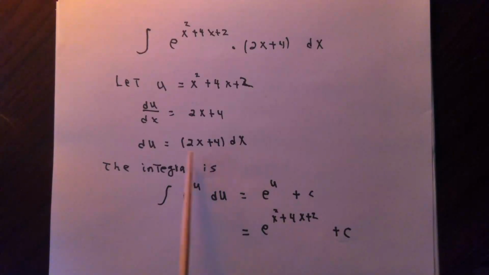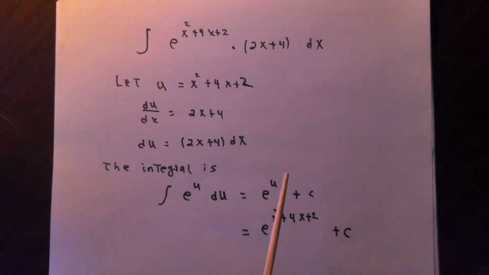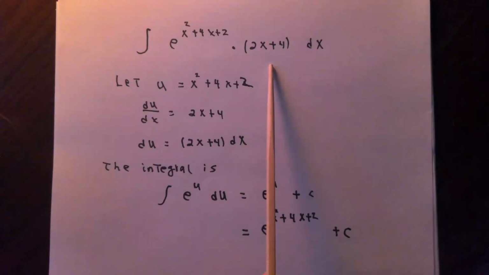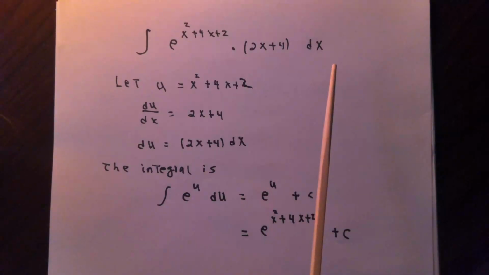Notice that those parentheses really are necessary if you want to think of this as kind of, sort of multiplication. In the integral, you have 2x plus 4 dx, which is exactly du. So when I write this bit down, I'm just going to write du all by itself.